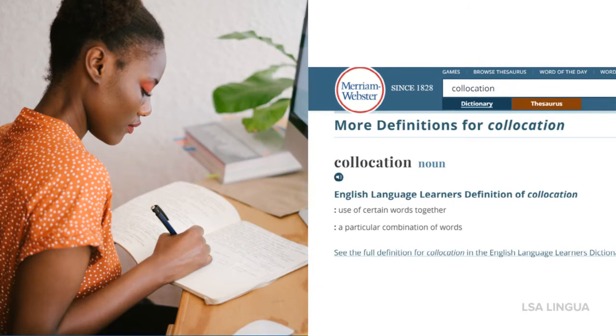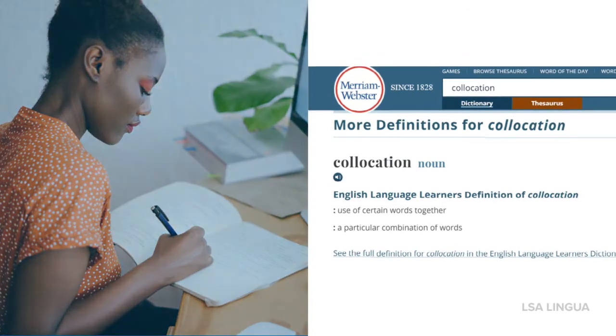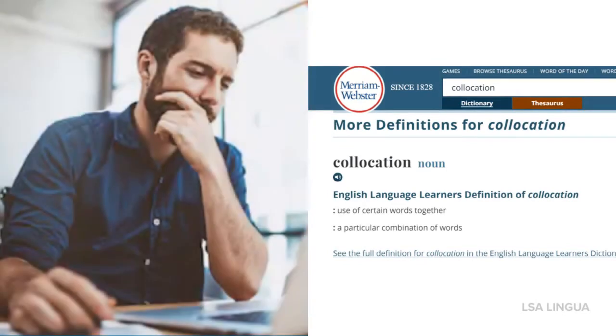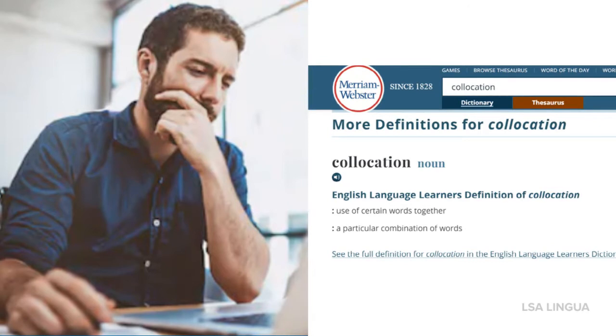And this is exactly what a collocation is, which is a chunk of language that often occurs together in a specific context or text. When we zoom in on what type of information is provided by Merriam-Webster, we see on the one hand, of course, the definition of a word, but we also see that a collocation is defined as a noun, and a noun is a part of speech, which is also a building block of sentences and utterances.